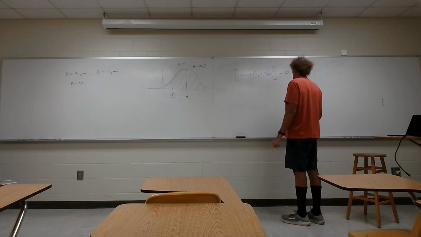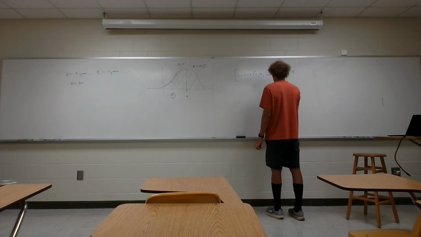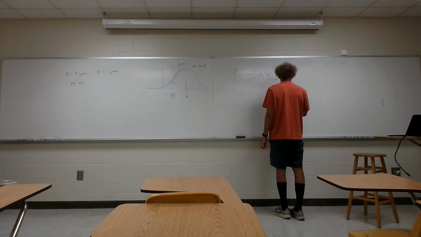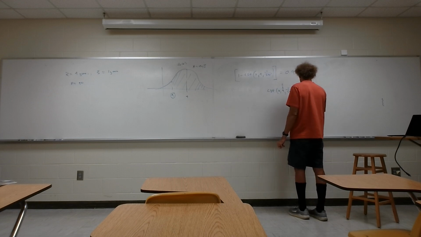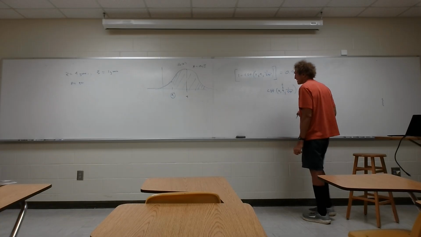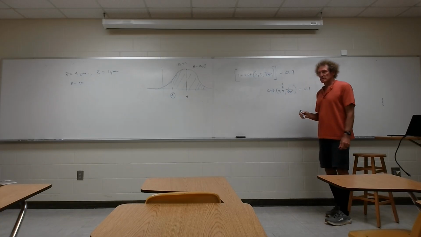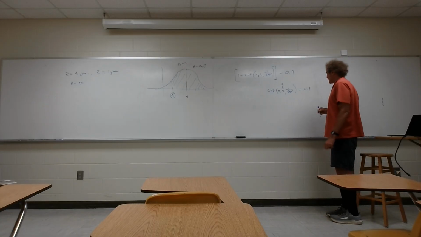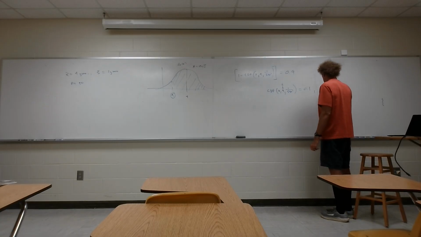To be frank about it, that means the cumulative distribution function for x, with mean 4 and standard deviation of 1 over the square root of 40, would be equal to 0.1. You agree with this, class? Just switching things up. So what I need to know is that value of x.